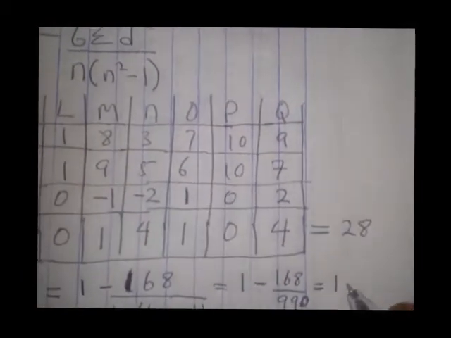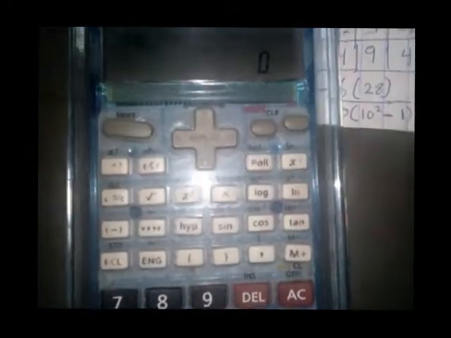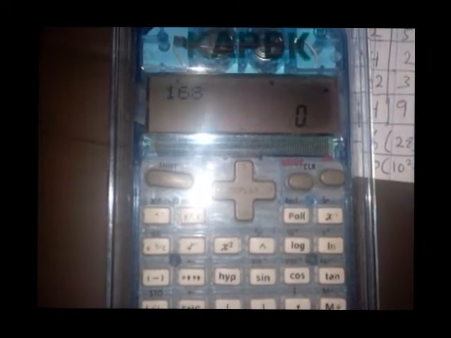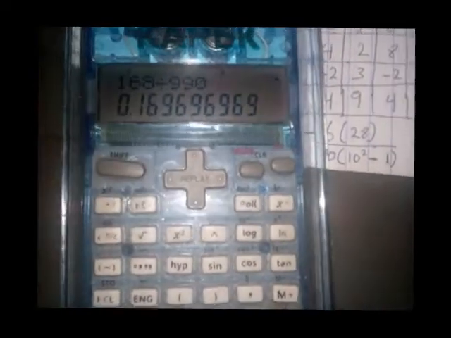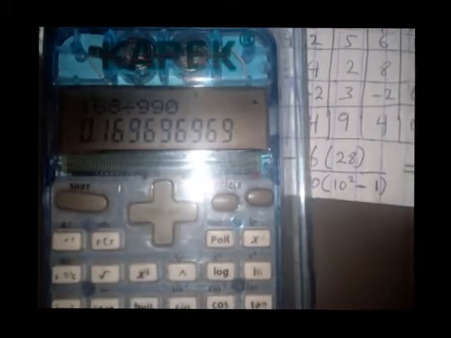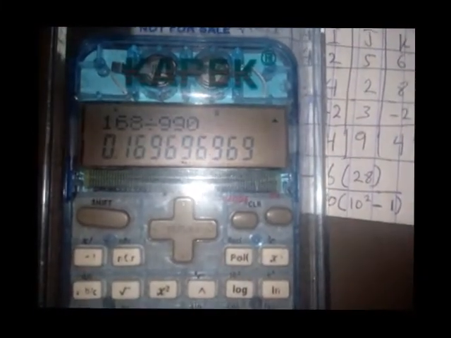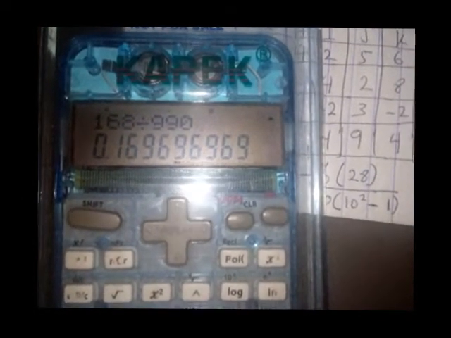So you can either use your LCM to work this out, or you can work it out directly. 168 divided by 990 will give me 0.16969696.